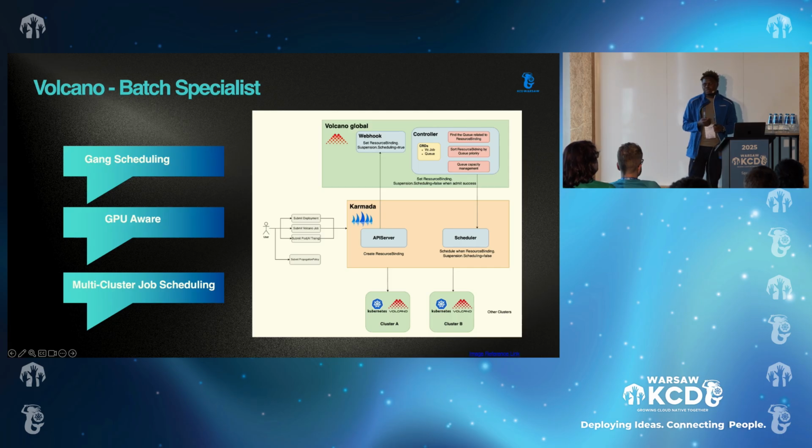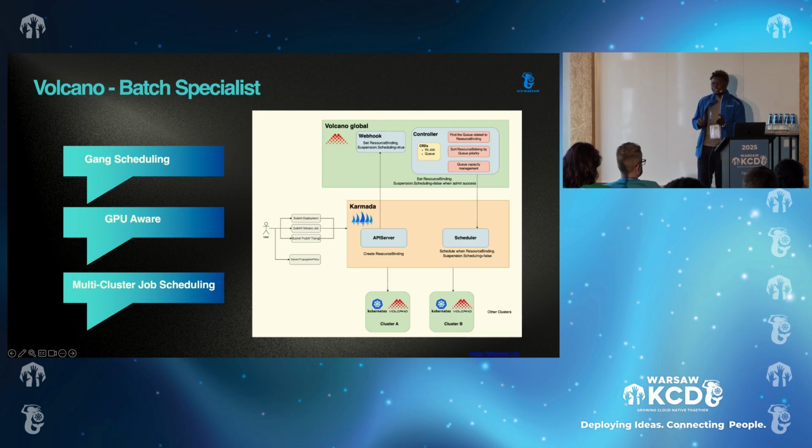But what happens is that when you submit this job to Commander, and Commander creates that resource binding, the Volcano Webhook watches for that resource binding creation and puts it in a suspension state. Once it is in suspension state, the Volcano controller can then look into the queue priority, because one thing that these specialized schedulers give us is queue prioritization.